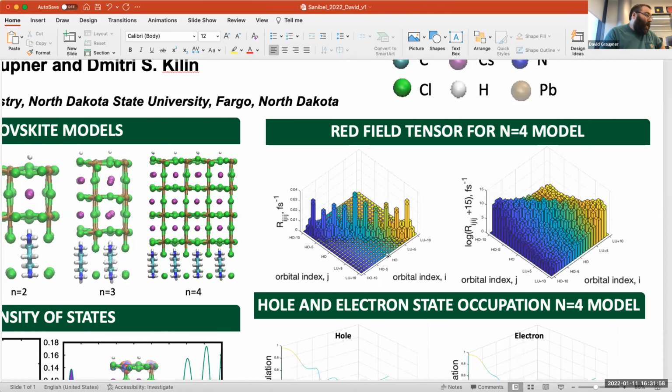Oh, and then HOMO's right next to it. Oh, okay. So when I labeled the axis, I labeled HOMO, figuring that you could figure out where LUMO was because it's the one next to HOMO. So I only labeled HOMO minus 10, HOMO minus 5, HOMO, LUMO plus 5, and LUMO plus 10 when I did it. It was just to make it less cluttered.